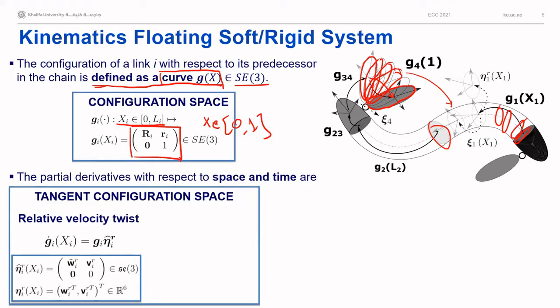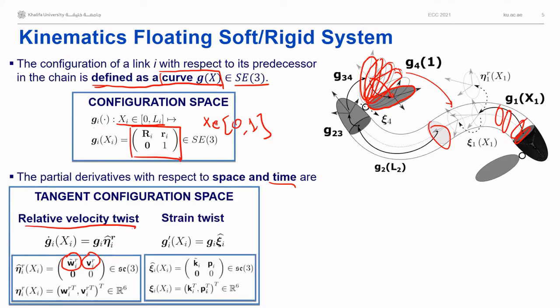Now, once we have defined the configuration, we can take the partial time derivative in order to define the relative velocity twist, which is composed of the relative angular velocity and relative linear velocity.